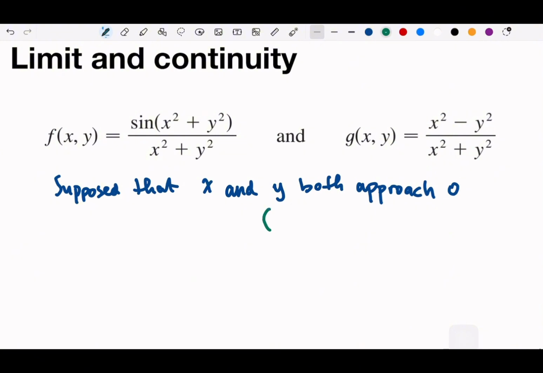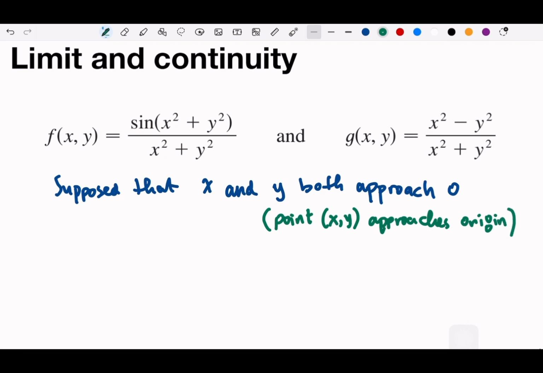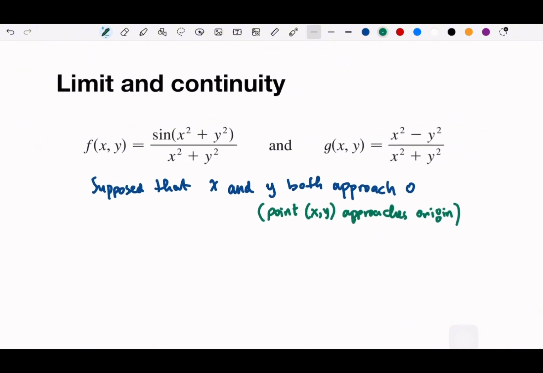Or you can say the point xy approaches the origin. Now, if we take the approximations, okay, which means we are going to take values maybe nearby 0, this is what we could get.